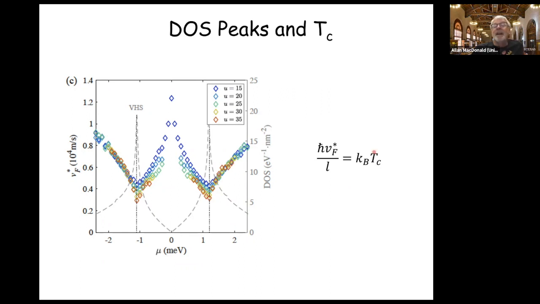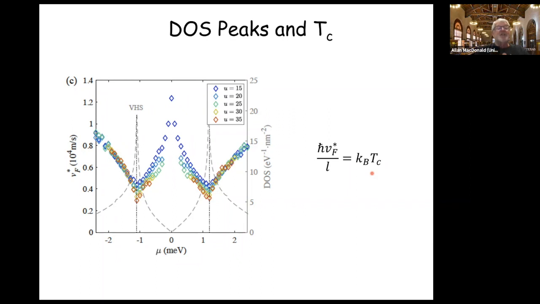Normally in any theory where the glue for pairing is not self-created by the electrons in the band, but is something external, you get a TC maximum where the velocities are smallest, where the density of states is biggest.